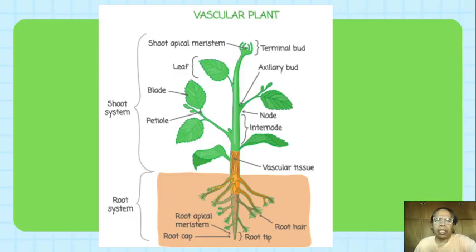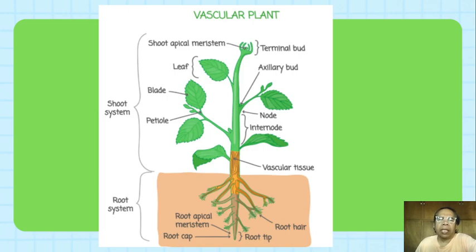In the root system, you have there the root hair, the root tip, the root cap, the root apical meristem. And then we have there what we call the vascular tissue.